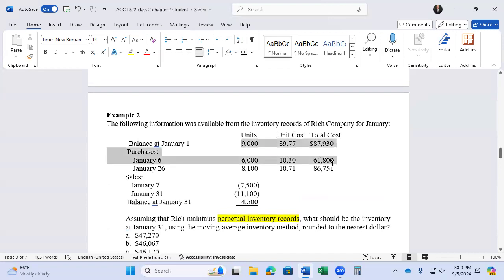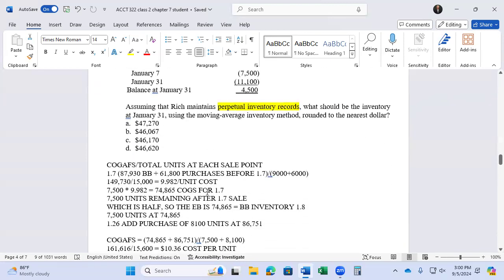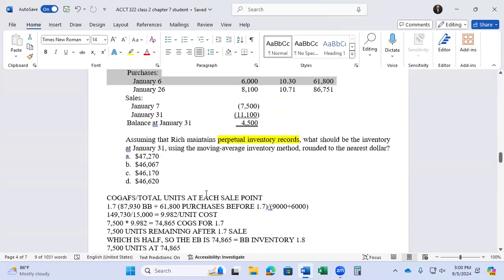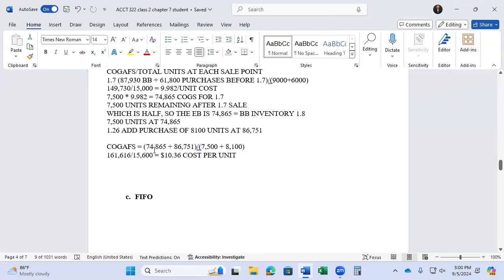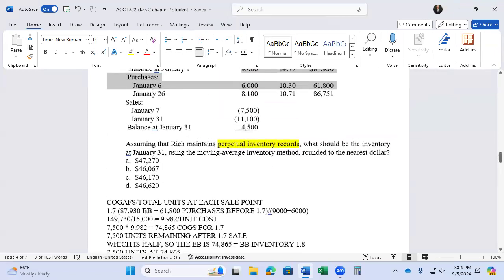Because you added these purchases before. So this is not, I haven't done FIFO yet. I'm still sticking with this, I'm sorry for being confusing. I'm just carrying this out and saying, hey, this is a similar example we had before, but I'm going to show you the difference when it's perpetual. I apologize.